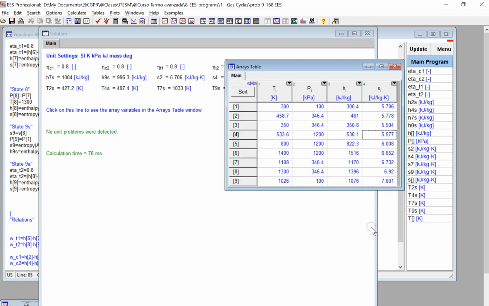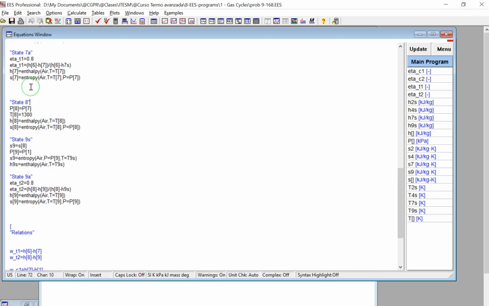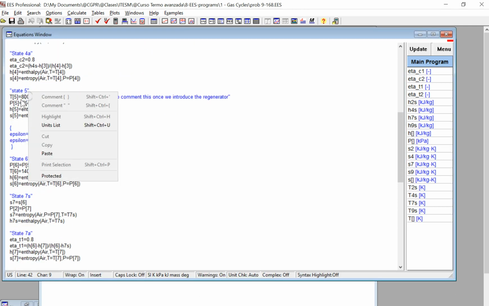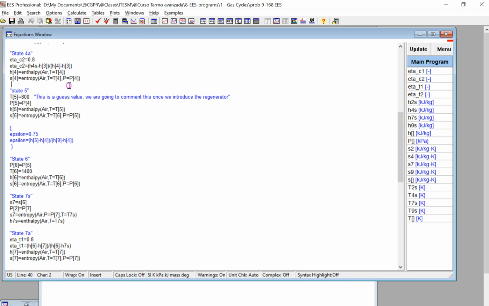These are the values for state 9. Recall that state 5 we invented. If I change anything here, state 5 instead of being 800, I said it's 850, I would change it just by 50 degrees. It will work the same, right?